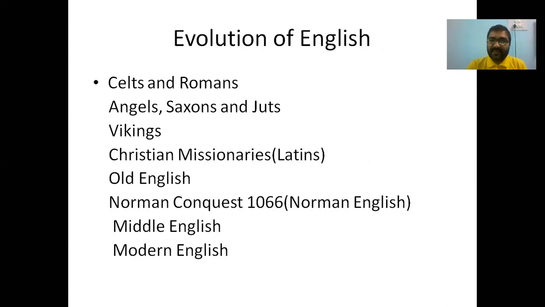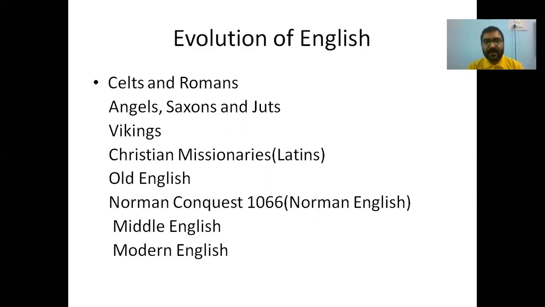Evolution of the English language, how it evolved. In England, as you know, the original people, the primitive people, were the Celts and Romans.